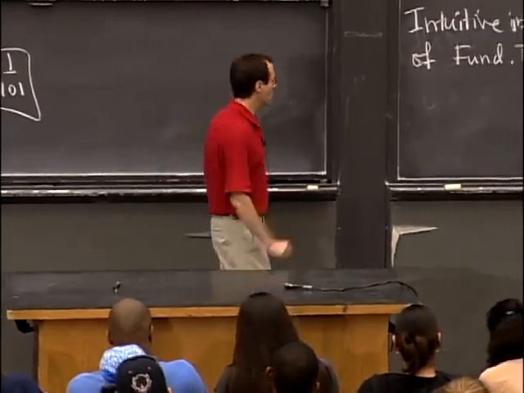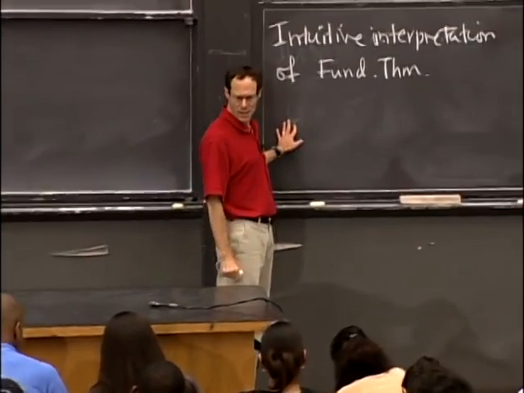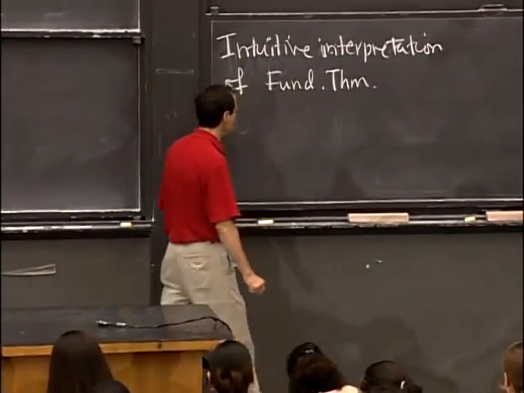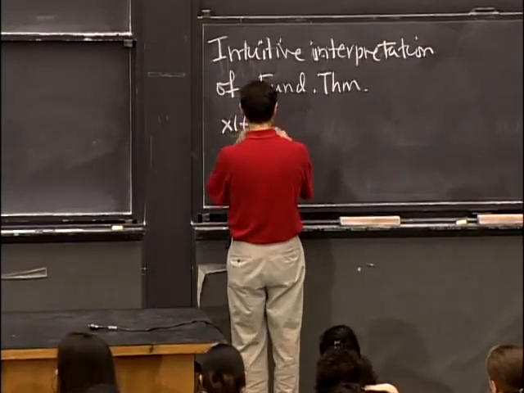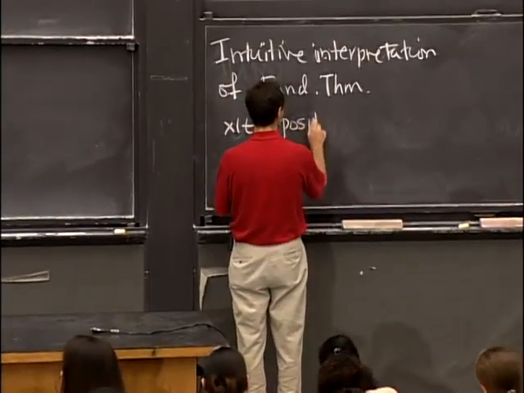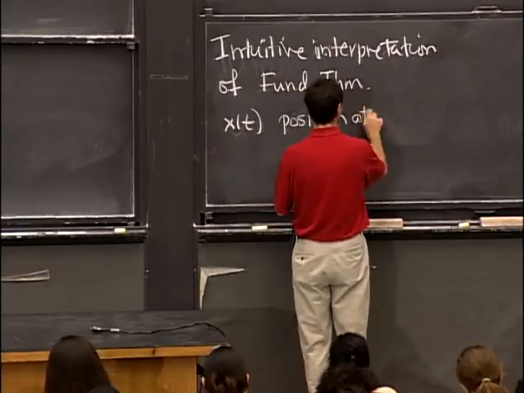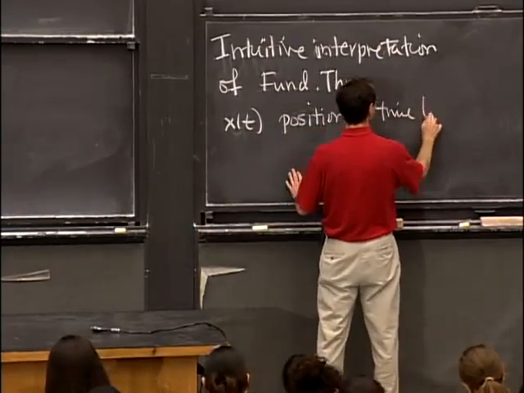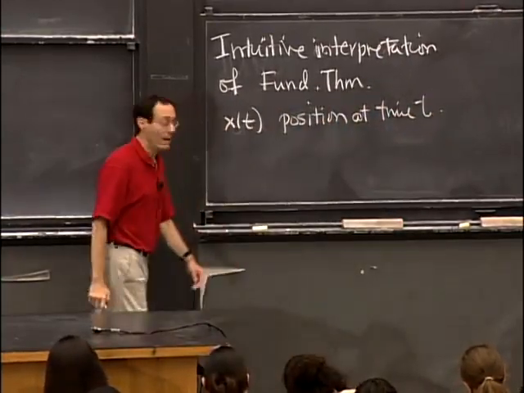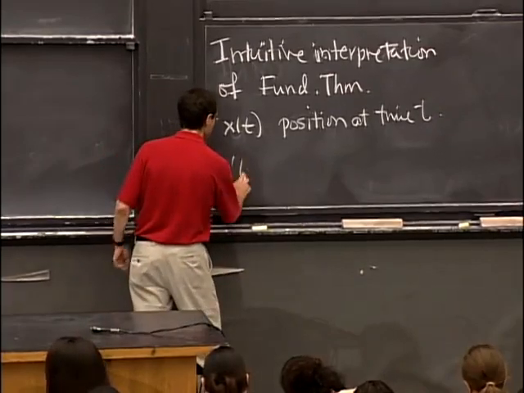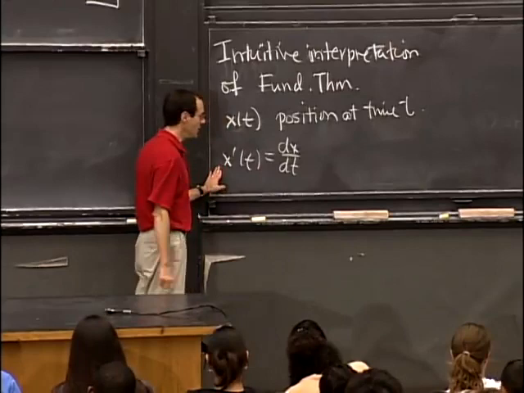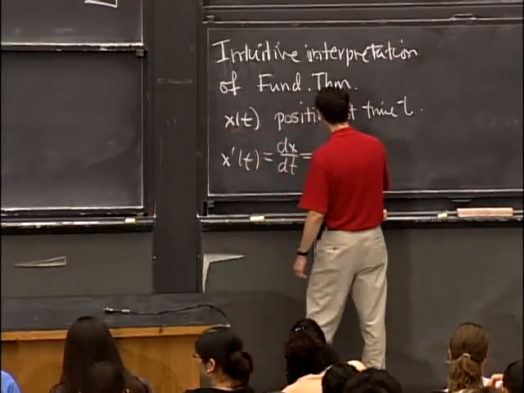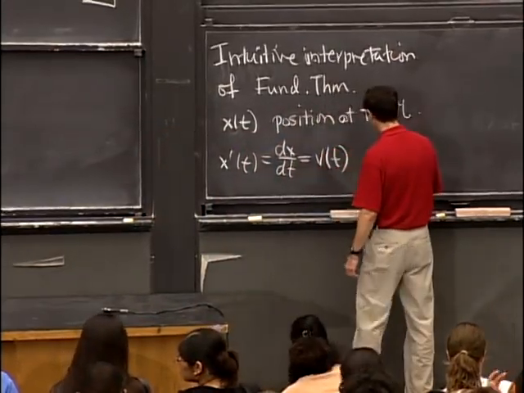So this is going to be one which is not related to area, but rather to time and distance. So we'll consider x of t is your position at time t, and then x prime of t, which is the rate of change of x with respect to t, is going to be what we know as your speed.